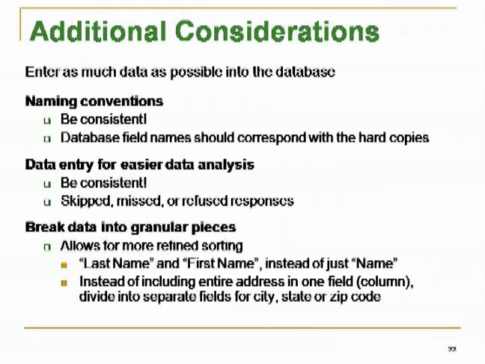In addition, you want to make sure that when you are entering your data, you're very consistent in what you name particular responses, even. I'll give you an example. Suppose you have a question called country of origin, and the person is born in England, and one of your people doing data entry enters that as Great Britain. Another enters it as United Kingdom.